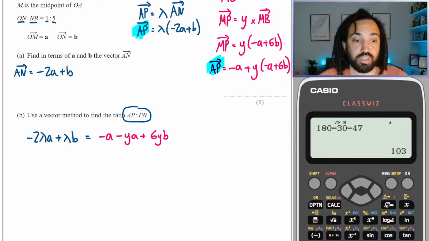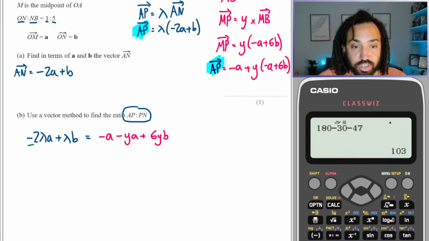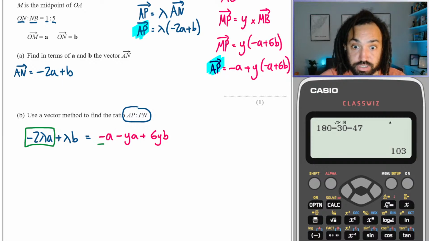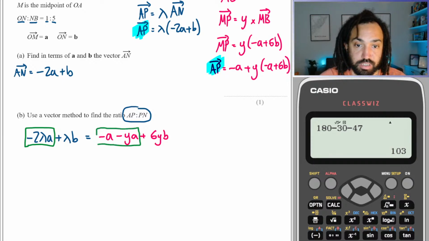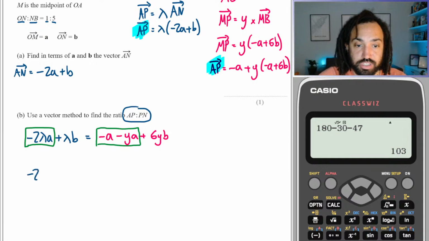Now these questions are insane. You can compare coefficients. The A's on both sides must be the same because both of these sides are expressions for the same thing. So let's look at the A's. We have minus 2 lambda must equal, that's how many A's there are on the left, and on the right there's minus 1 and there's minus y.